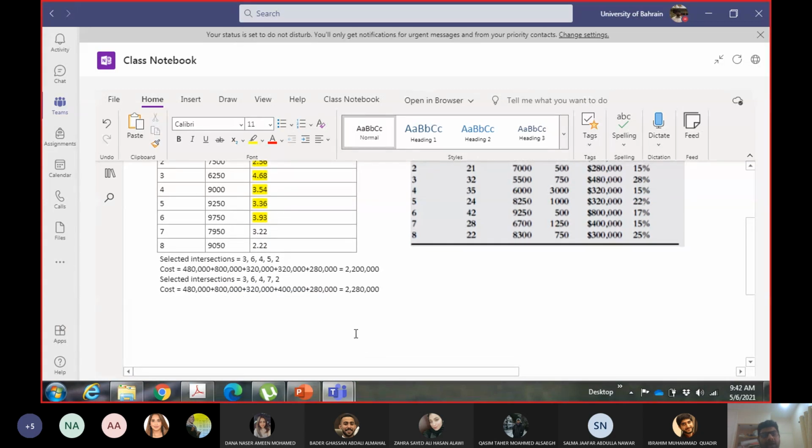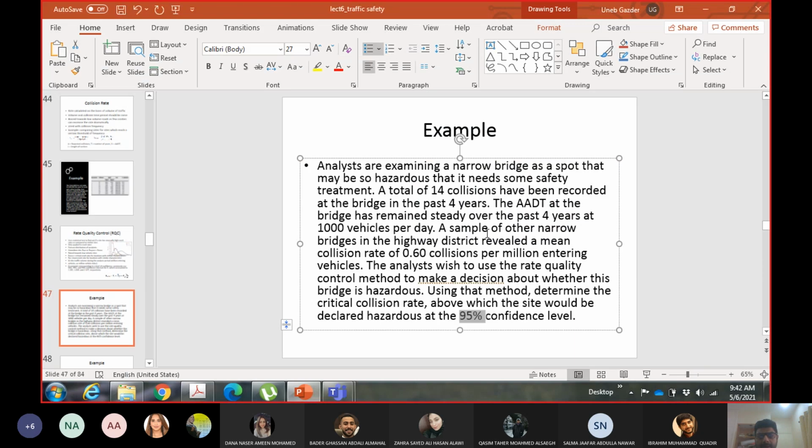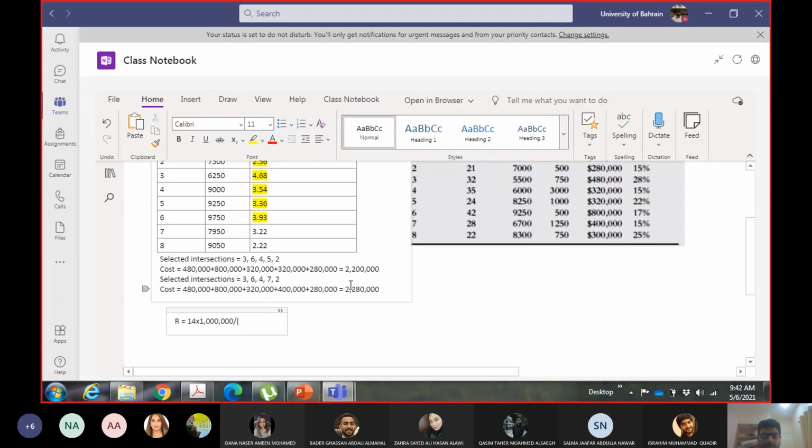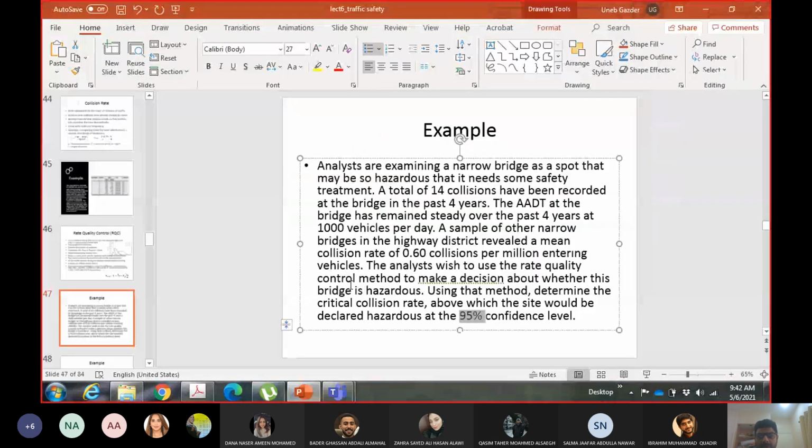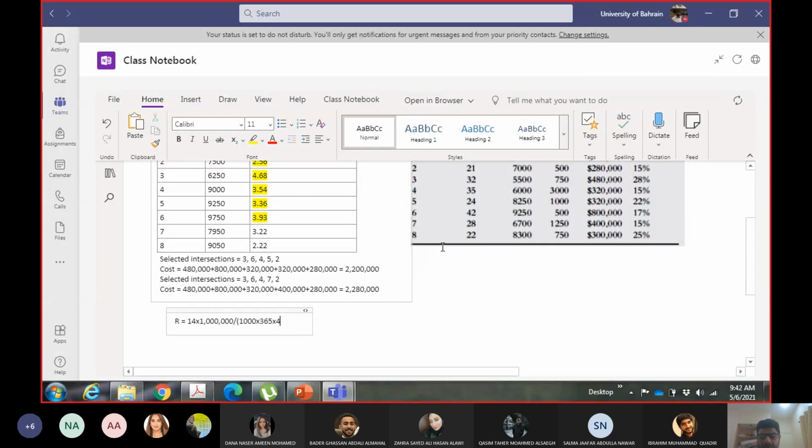First of all, I need to calculate the crash rate at my site. I have how many collisions? I have 14 collisions. Multiply by 1 million, divide by the volume, which is 1,000, and 365, and 4 years.